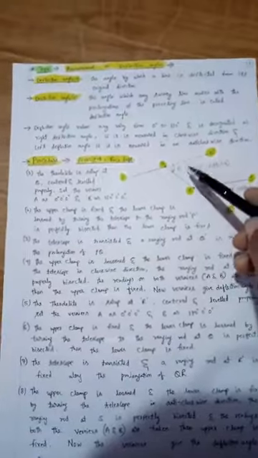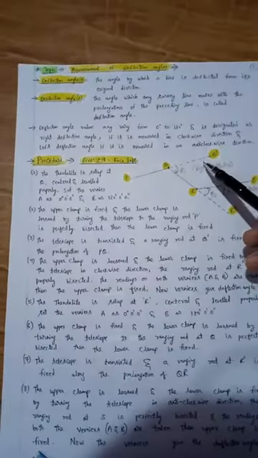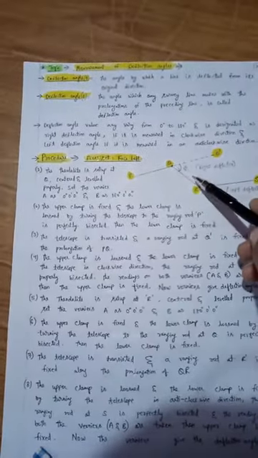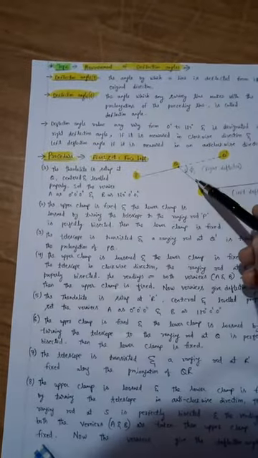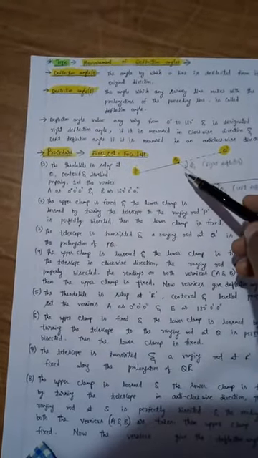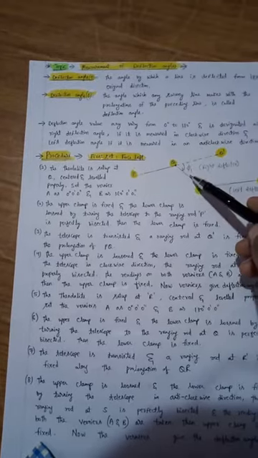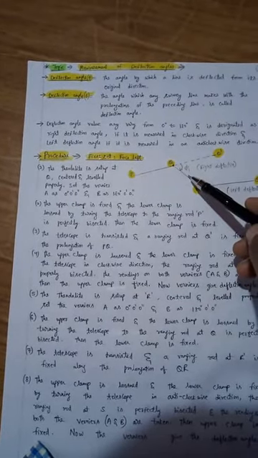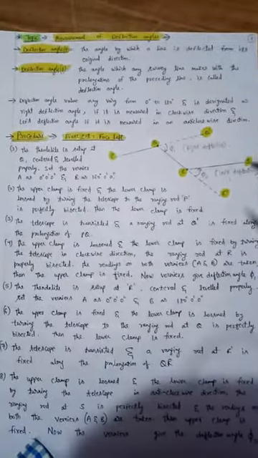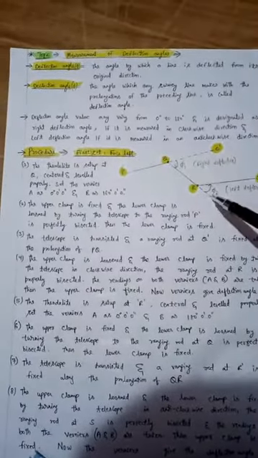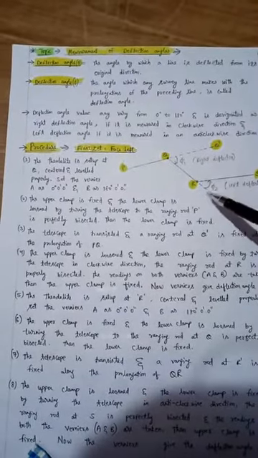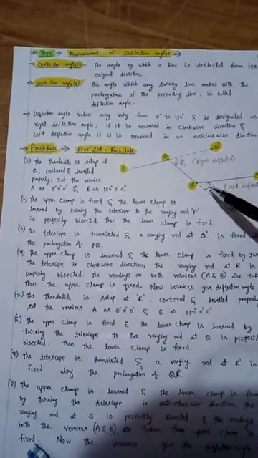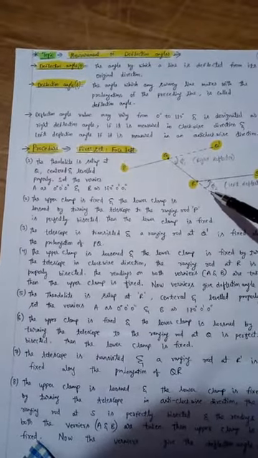The angle value may vary from 0 degrees to 180 degrees. If the deflection is clockwise, it is known as right angle deflection. If the deflection is in anti-clockwise direction, it is known as left angle deflection.